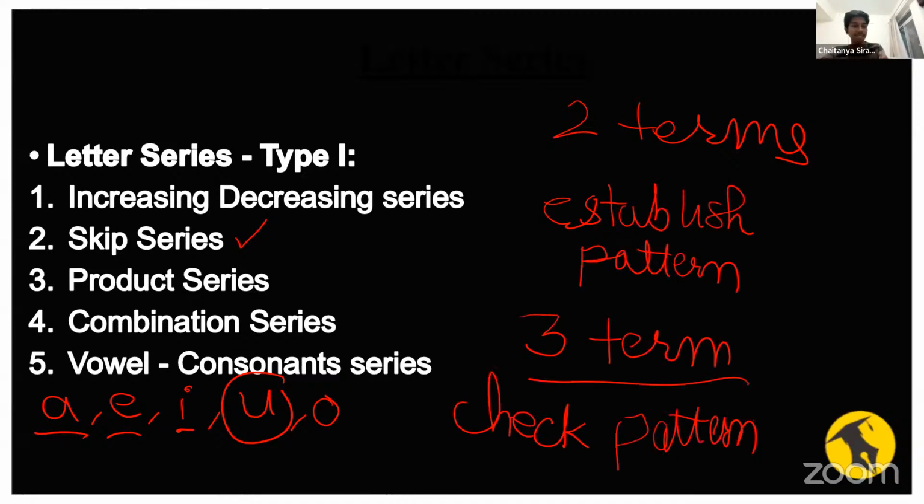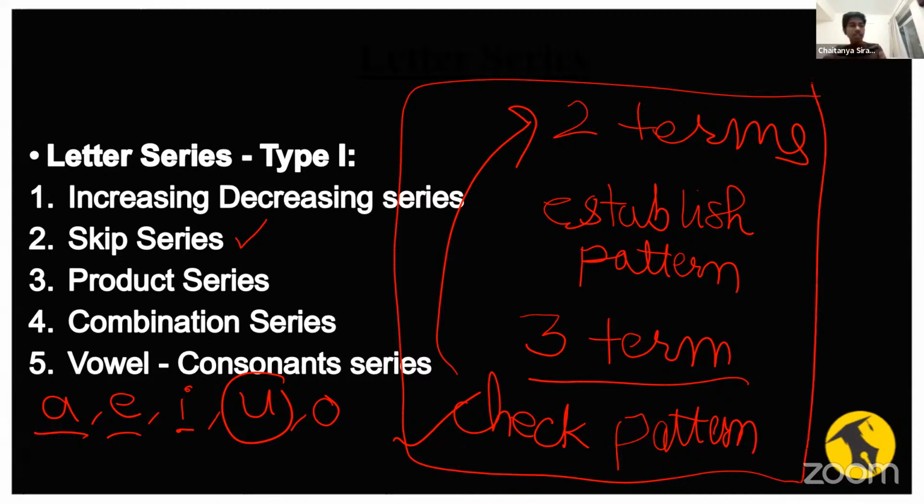Suppose it is wrong, you go back and try to establish a new pattern. If it is correct, you accept it and you go for the solution. So keep this as a general algorithm to solve this question.